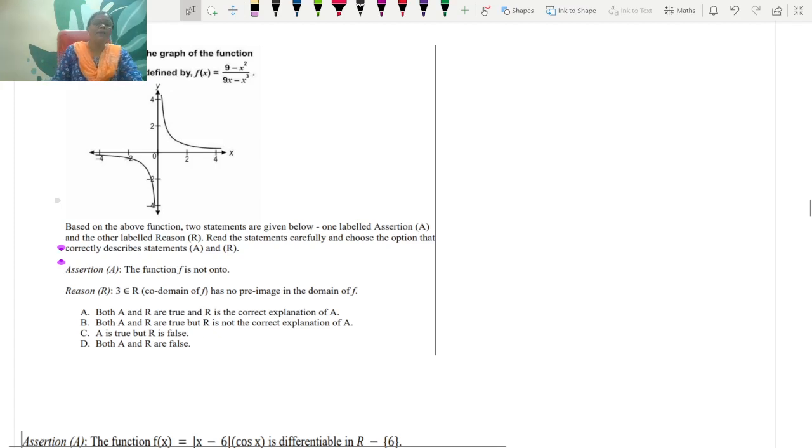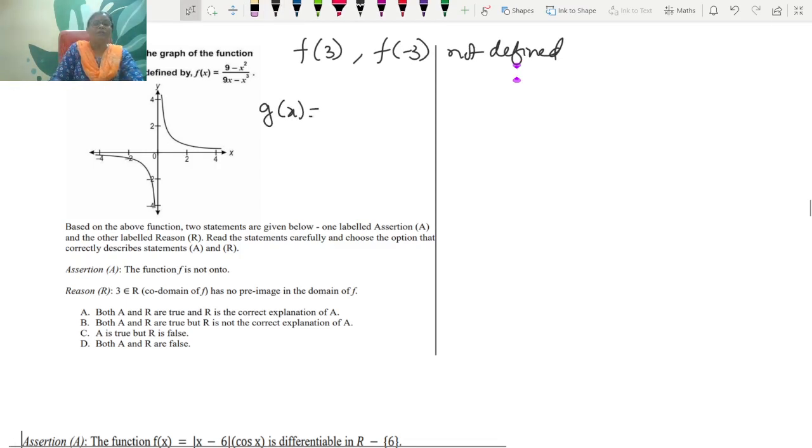When you look at this expression, you find that this expression is not defined for f of 3 nor f of minus 3. It's not defined. But when you see the graph, you'll find the graph is equivalent to the function 1 upon x. What does that mean?